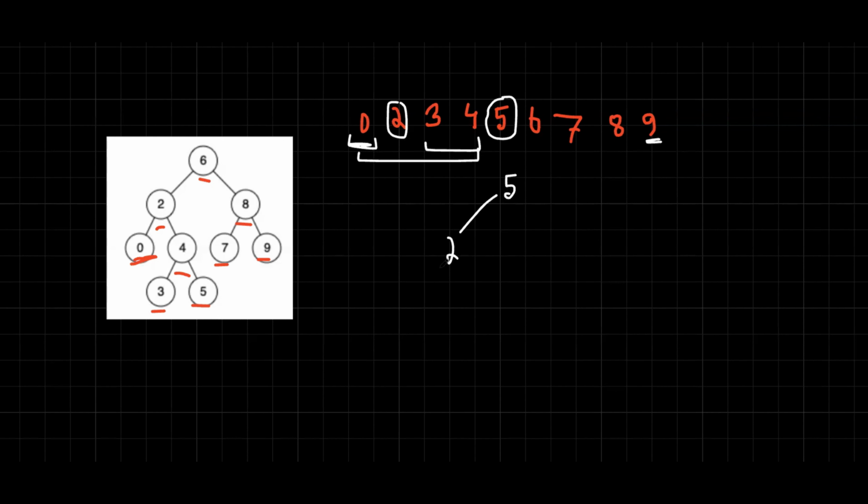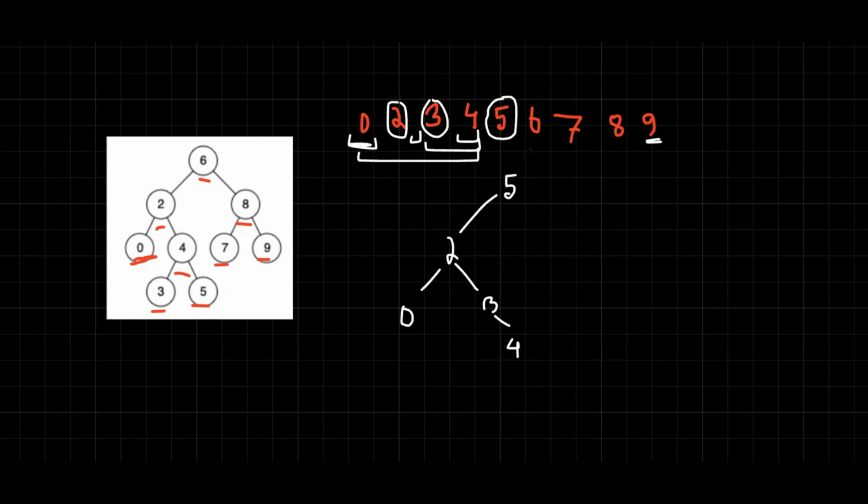For the left portion, it has 0. And for the right portion, it has 3 and 4. So for the portion 3 and 4, the middle element is 3. So we will make a connection 2 with 3. And 3 does not have any left portion, but it has the right portion. So we have to add 4 as the right child.